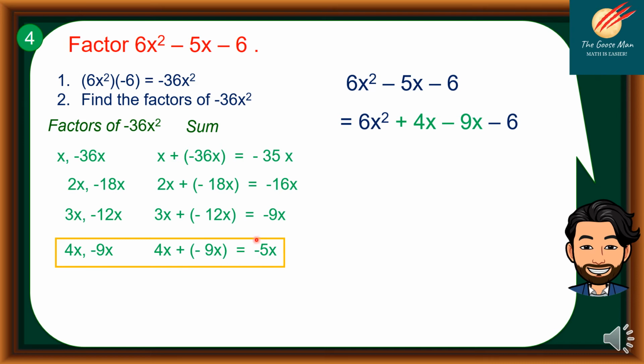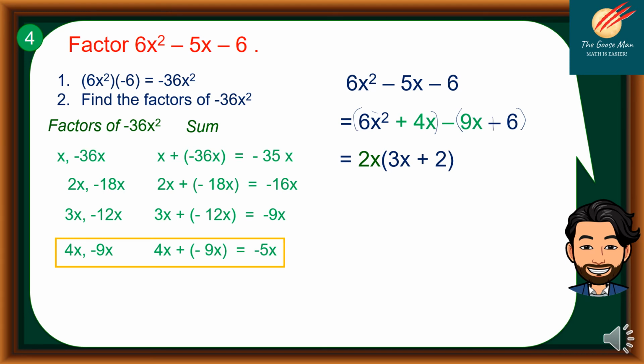Then we will use factoring by grouping. Since I have 4 terms now, I'll regroup 6x squared and 4x. For the negative 9x, however, the negative will become positive.